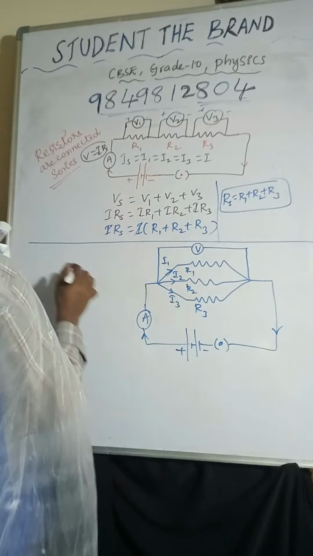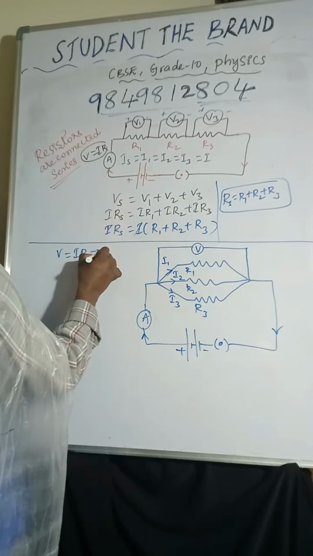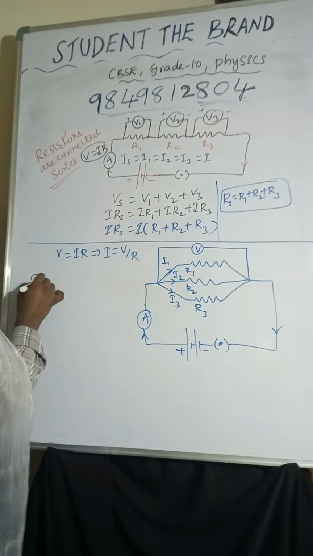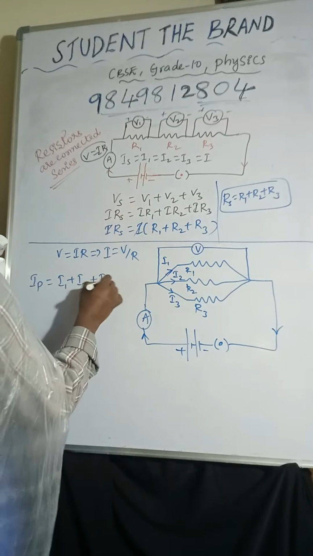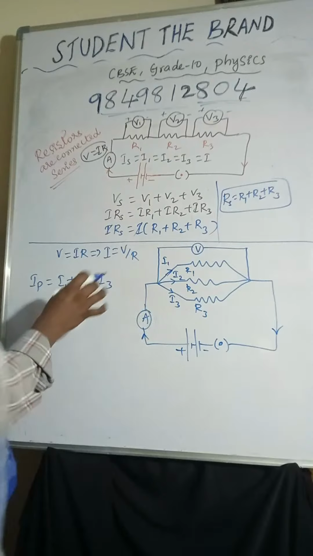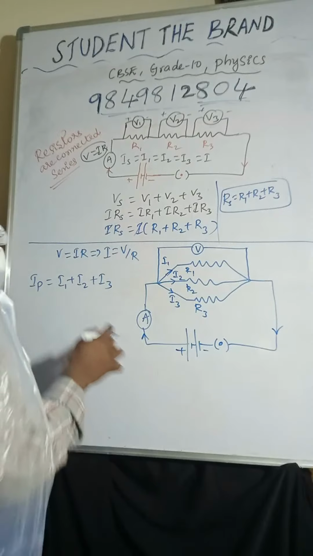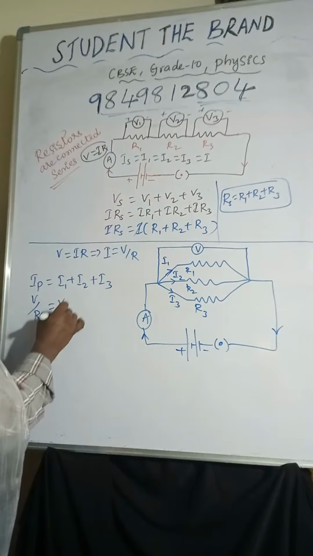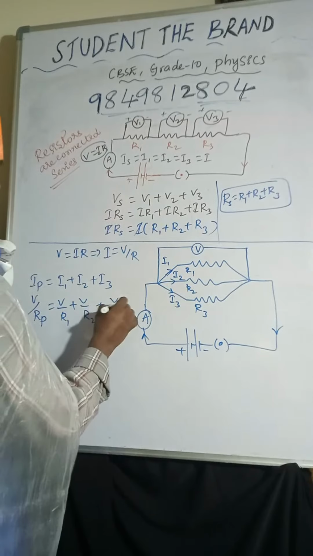Now you can observe here. From Ohm's law, V equal to IR, then I equal to V by R. So IP equal to I1 plus I2 plus I3. Then V by RP equal to V by R1 plus V by R2 plus V by R3.